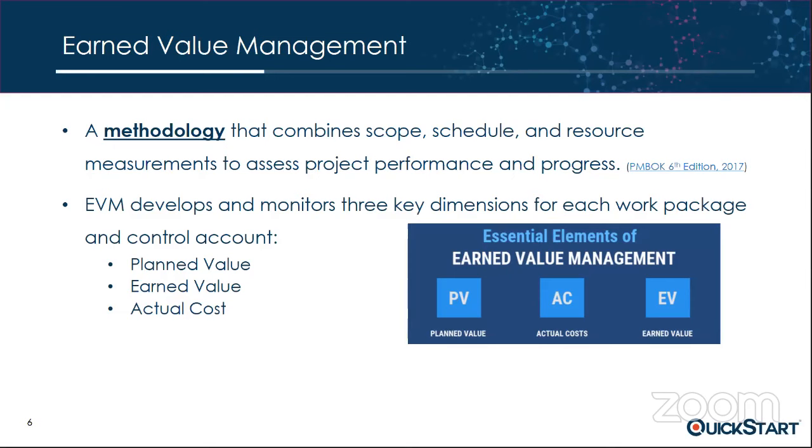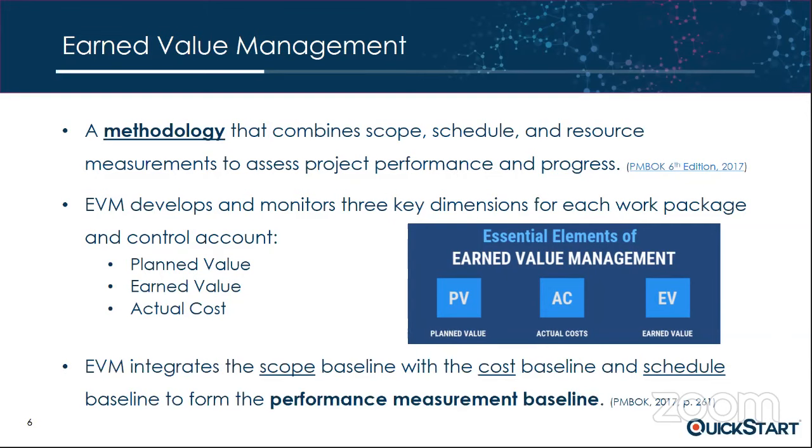It develops and monitors 3 key dimensions for each work package and control account. Those 3 dimensions, you can see here: planned value, earned value, and actual cost. So realize that as we're working in earned value management, those are the 3 key variables that we're going to be working with.